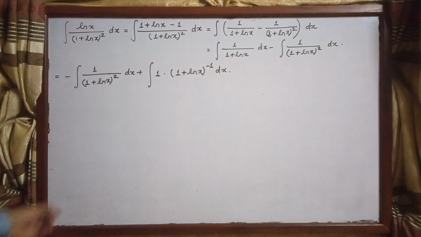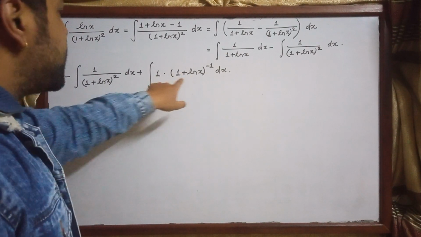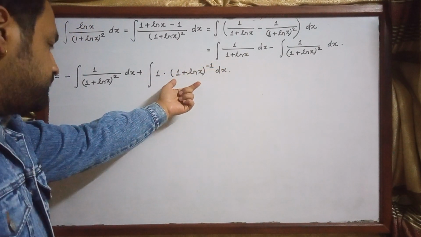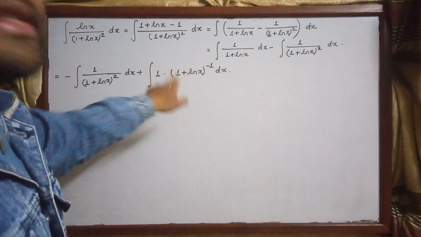All right. Now to use integration by parts for this, we're going to take (1 plus log x) raised to the power minus 1 as the first function and the constant function 1 as the second function.